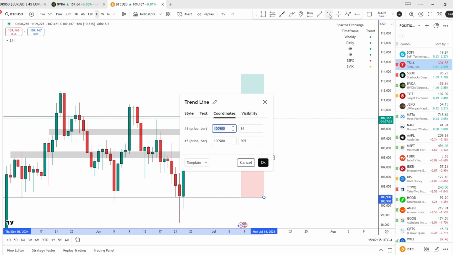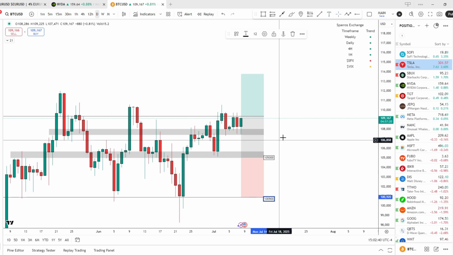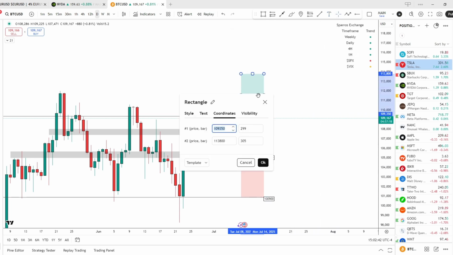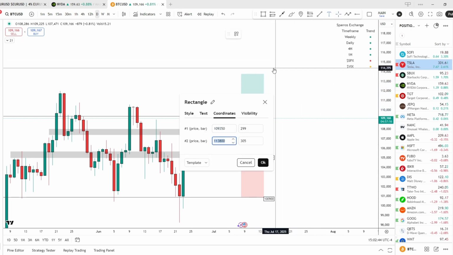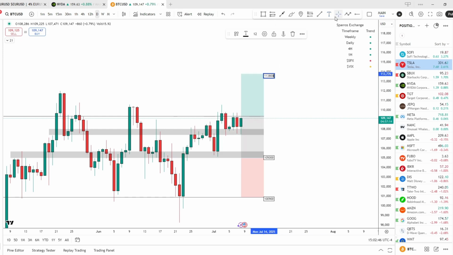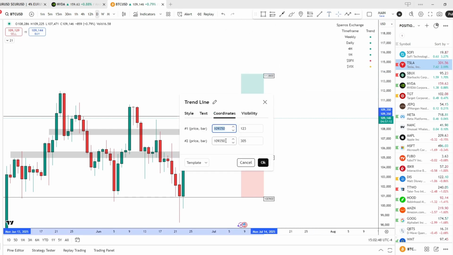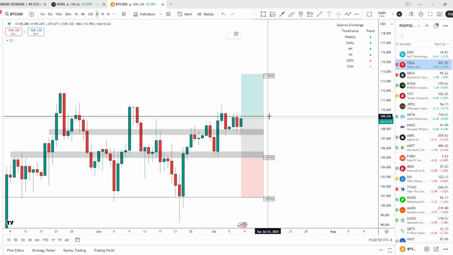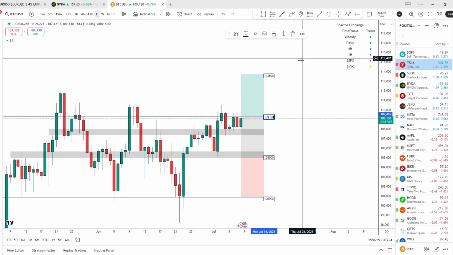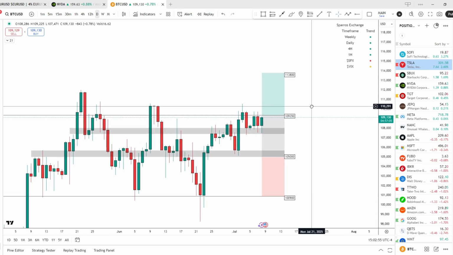Down here is going to be 109,100,900. Up top, we're going to target 113,800. The bullish beginning is going to be 109,350. And there we go. It's pretty quick, pretty simple.